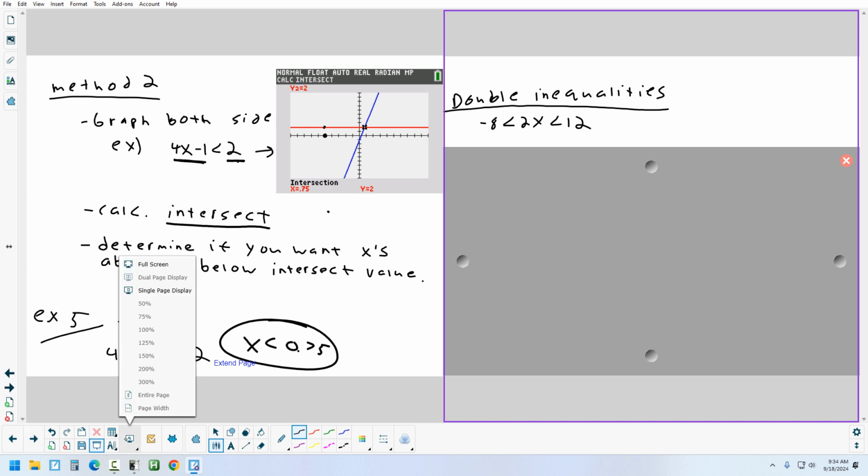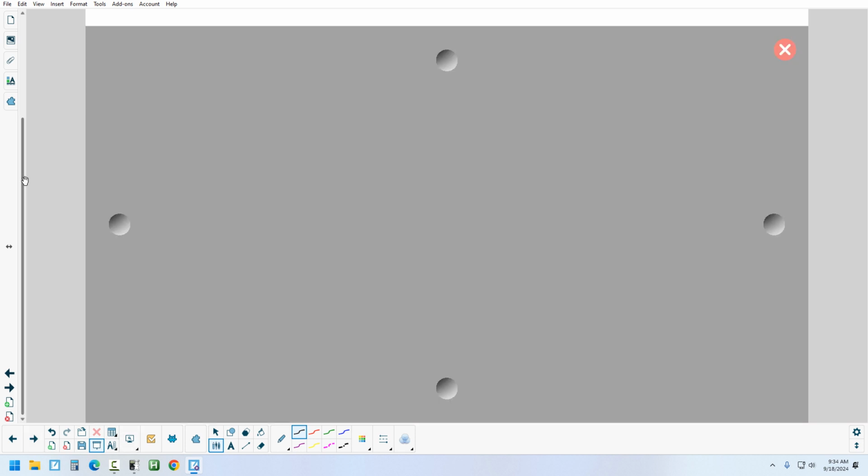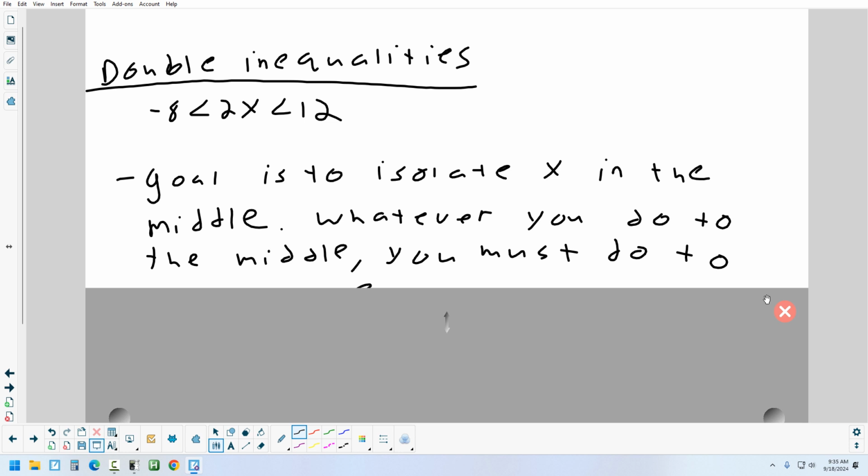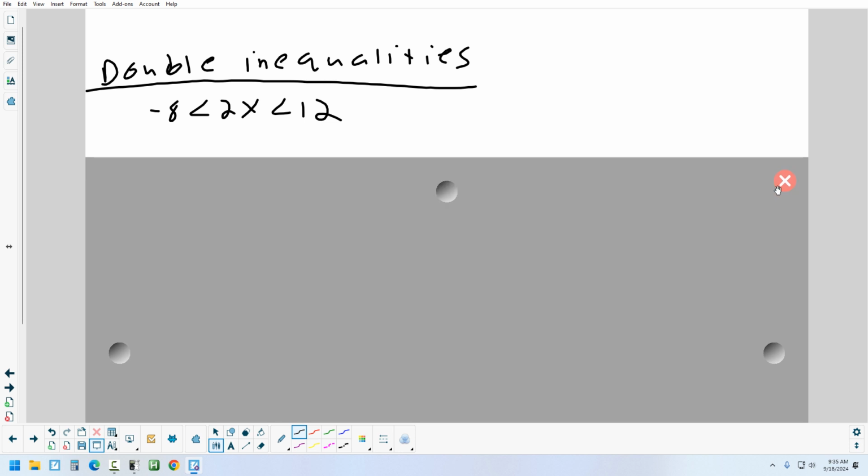So let's look at a double inequality. When we are solving a double inequality, there are 2 ways to do it. I'm going to say break it up into 2 problems.